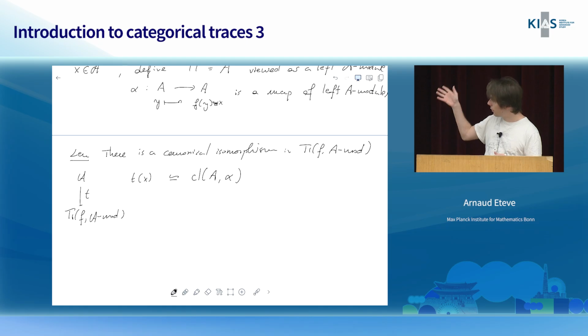And so here's a theorem, and the point of the theorem will be to allow us to compute endomorphism algebras, at least certain endomorphism algebras, in the category trace of f on A mod.